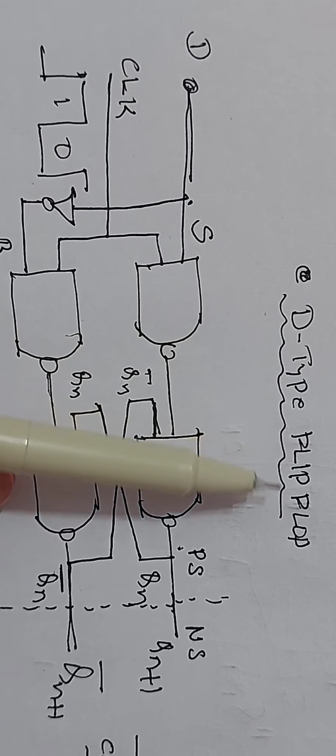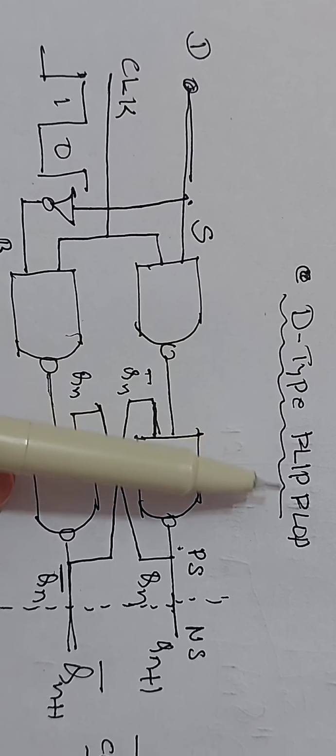Therefore, in order to apply two inputs at S and R, you can have a single input known as D input, that is called data input. This is obtained by joining the two inputs S and R together with a NOT gate. The NOT gate is used to make these two complements.